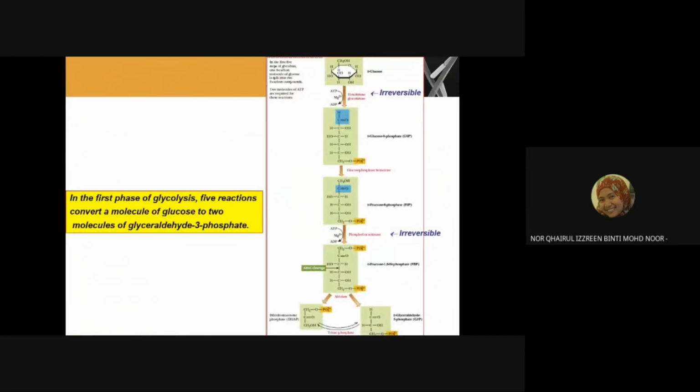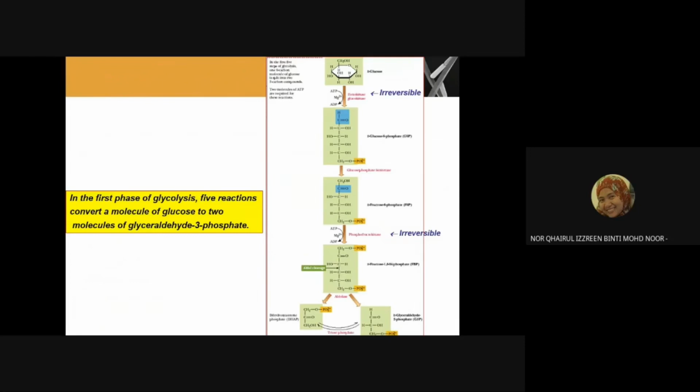Okay, this is the first stage of glycolysis, the first 5 steps. For the first step of glycolysis, this reaction is irreversible.